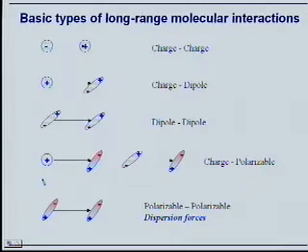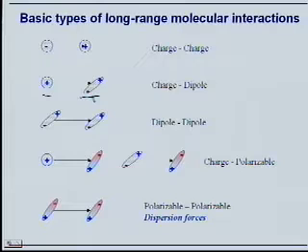Now, some molecules would not have a permanent charge, and these are most of the molecules actually, but they are going to have a permanent dipole. We'll define the dipolar moment a little bit later. The point is that you have to understand how the charged atoms or molecules interact with dipolar atoms and molecules.